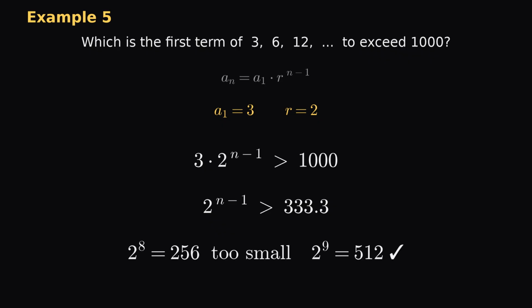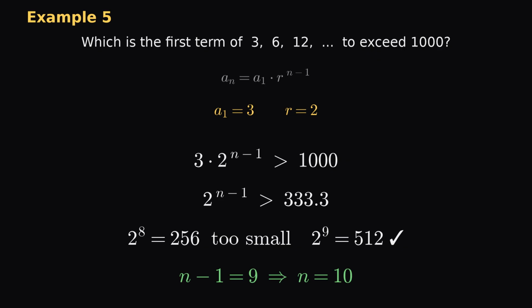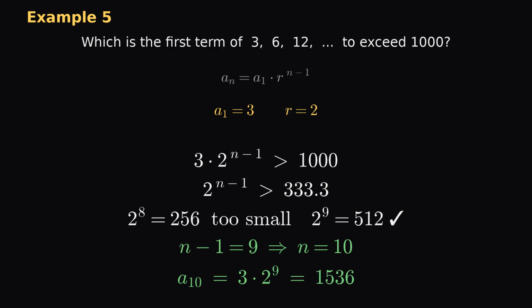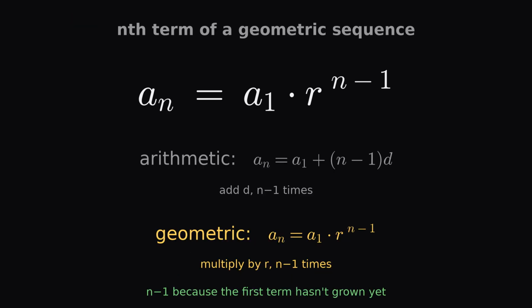Now think in powers of 2. 2 to the 8th is 256. That's not enough. 2 to the 9th is 512. That works. So n minus 1 is 9, which means n is 10. And the 10th term is 3 times 2 to the 9th, which is 1,536.